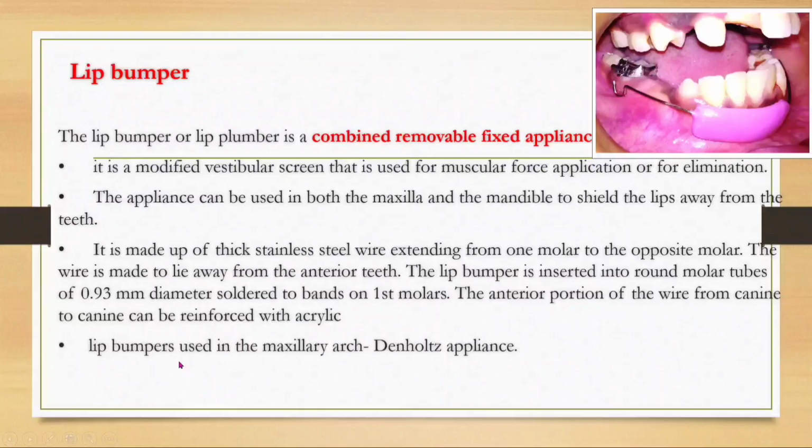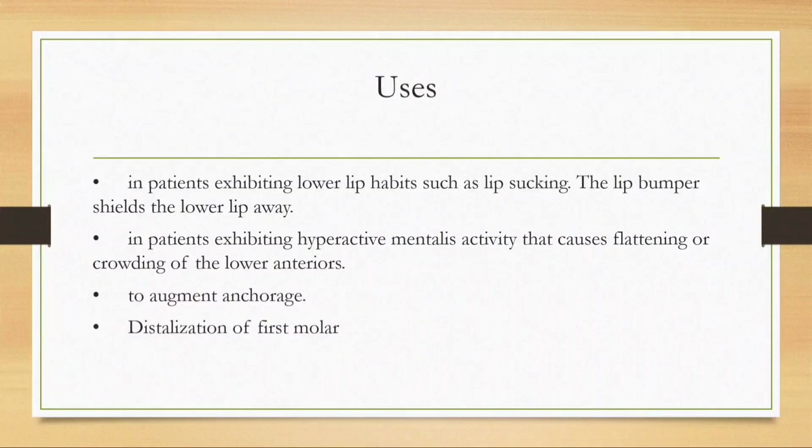A lip bumper used in the maxillary arch is known as the Denholtz appliance. It is used in patients exhibiting lower lip habits such as lip sucking, and in patients exhibiting hyperactive mentalis muscle activity that causes flattening or crowding of the lower anteriors, and for distalization of the first molar.